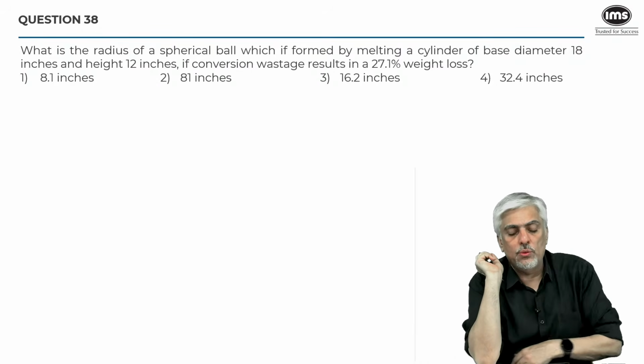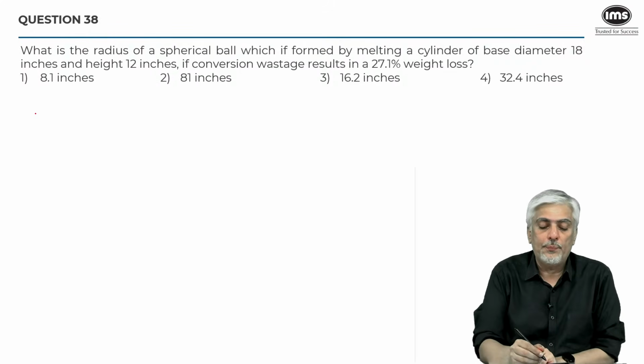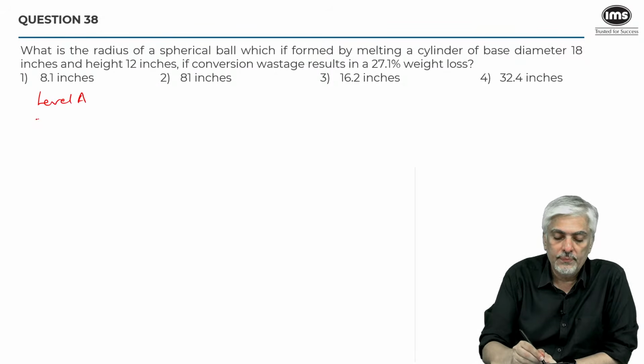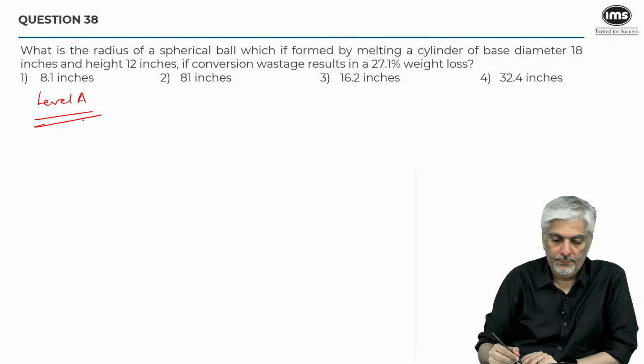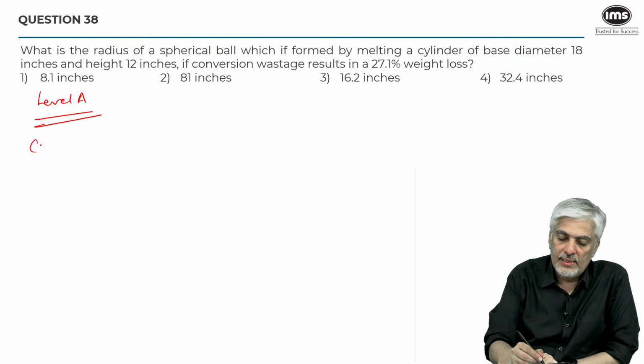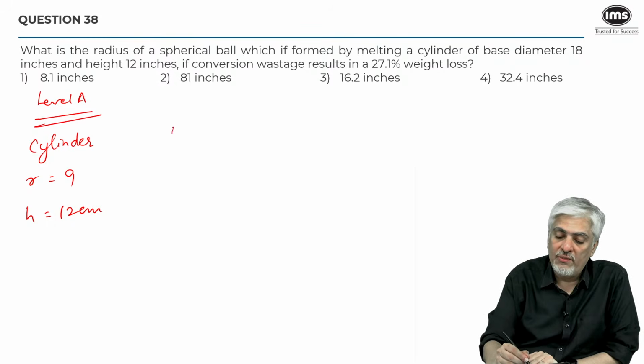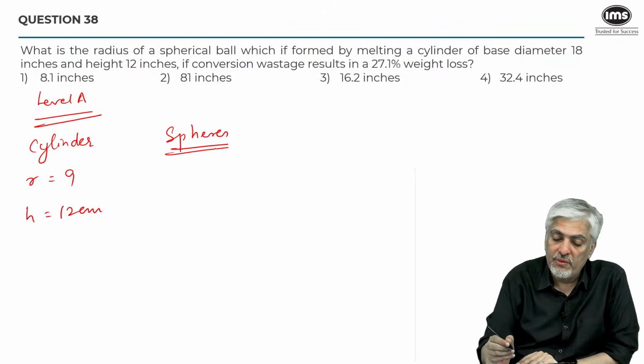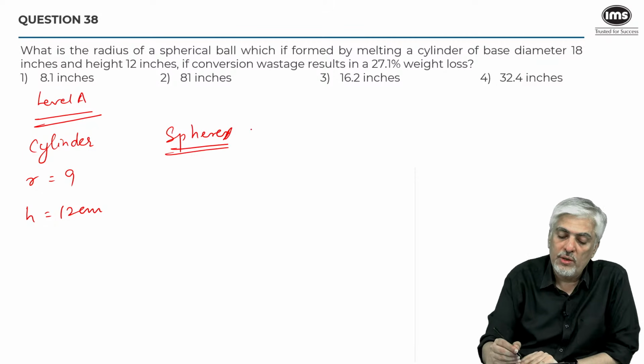Standard mensuration question. Very, very standard question. Very simple level A question. Cylinder diameter is 18, so radius is 9, height is 12, and we are making spheres, or not spheres, we are making only one sphere, where we want to find the radius, but there is some part about wastage.